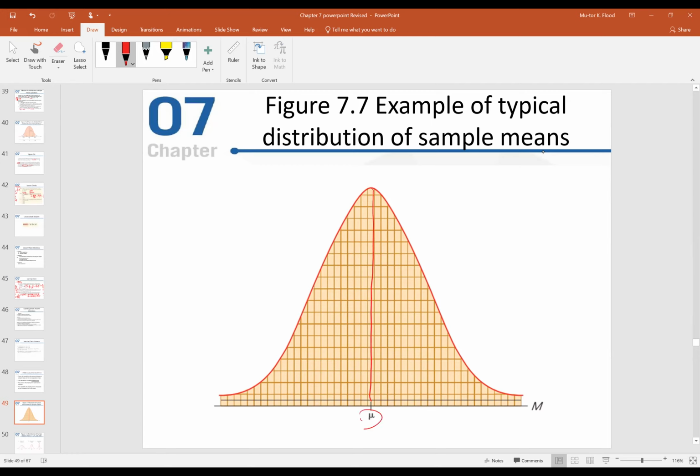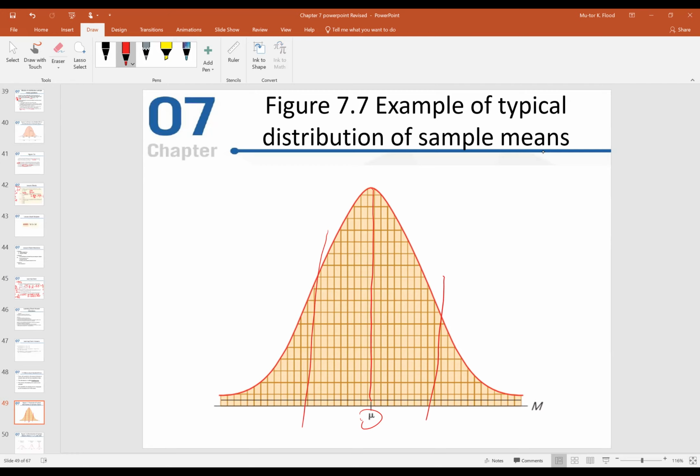Here's a population mean. All these boxes are sample means. 50% are below the population mean and 50% are above the population mean. Most of the sample means are going to be relatively close to the population mean.